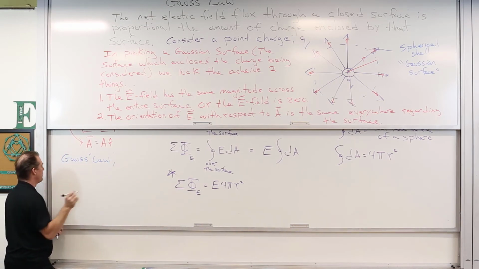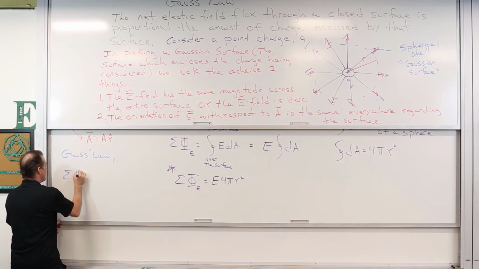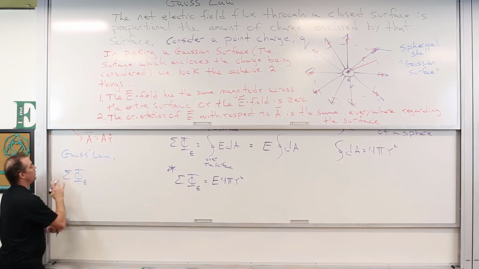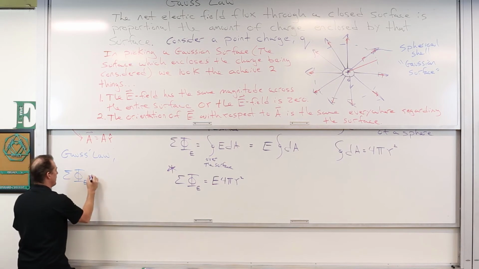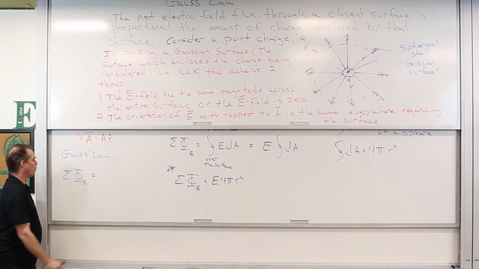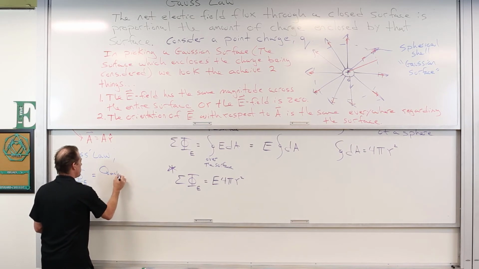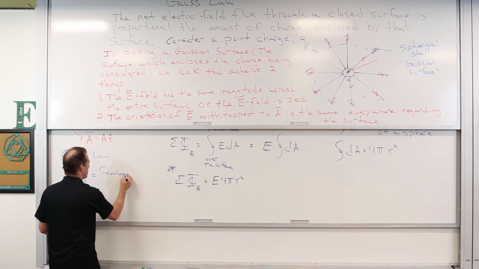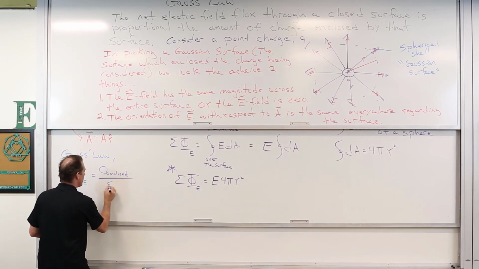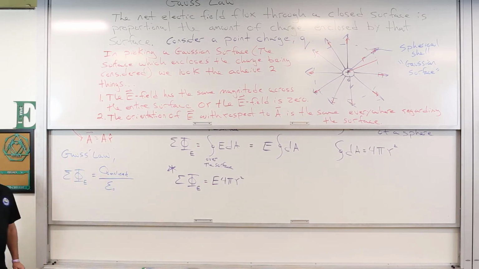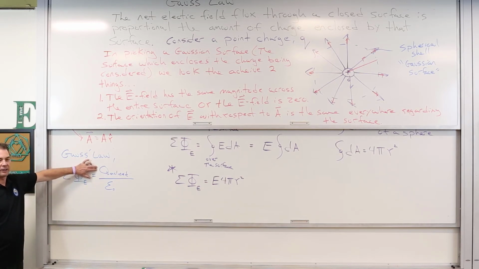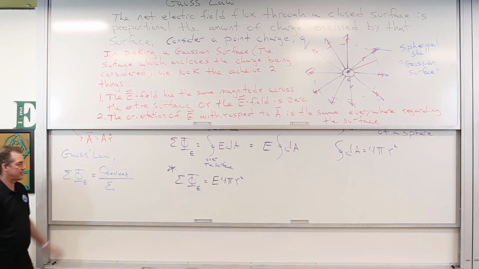Gauss's law ultimately says this: the net electric field flux through a closed surface, it's implied here, is equal to Q enclosed divided by epsilon naught, or epsilon 0. So that's the amount of charge enclosed right there. In our case, it will just be that little q. And then we've got this.